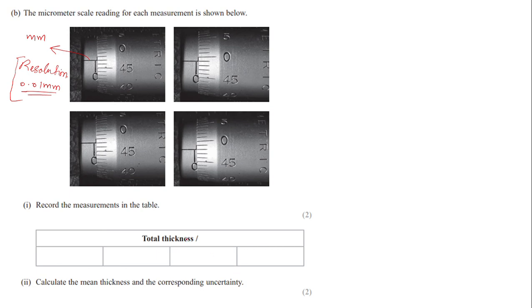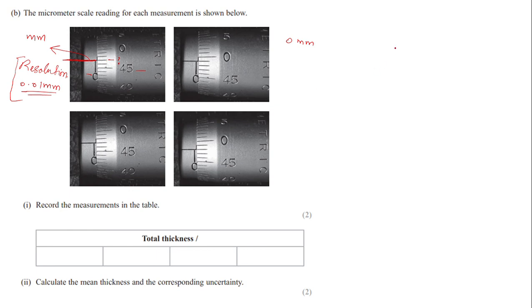The idea is, first you take the measurement from the main scale, which, you see clearly, is 0 millimeter. Then you read the scale on the circular one. This is the horizontal line coming from the main scale, and you need to read this line. So this is 45, 46, and 47.